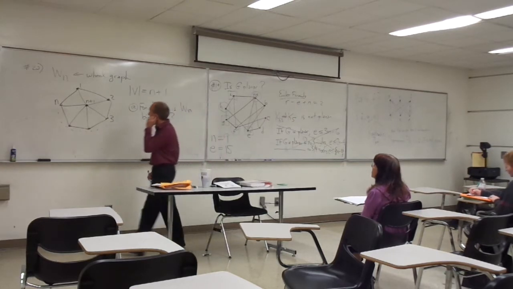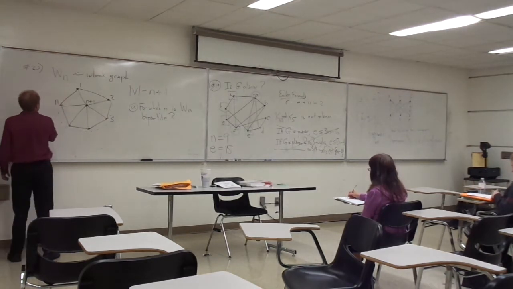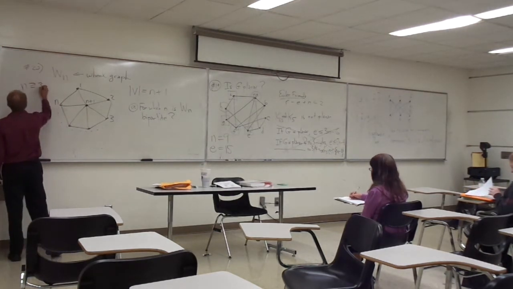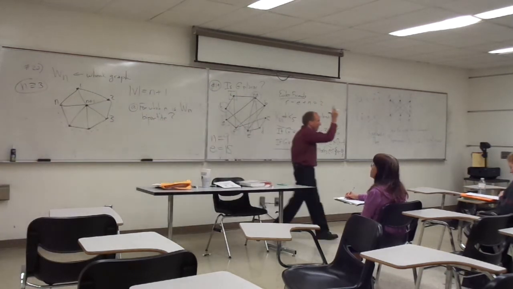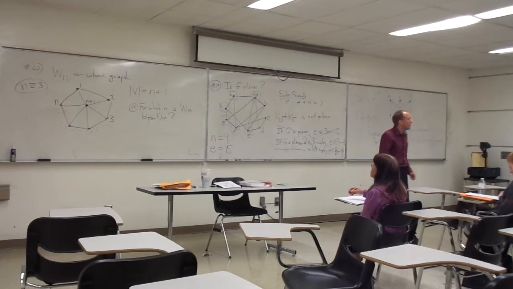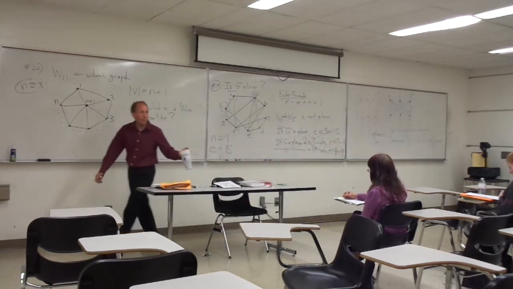Oh, by the way, as a minimum, n should be at least 3. I can't really make a wheel if I only have 2 vertices around the outside of it. So it has to have at least 3 spokes. So for which values of n would this graph be a bipartite graph?